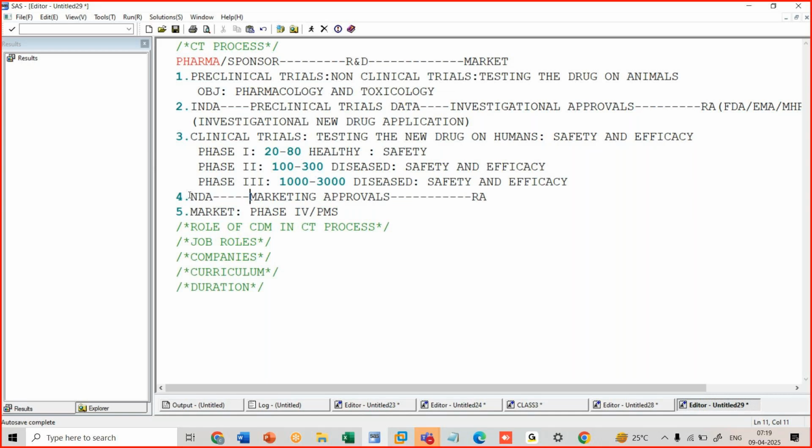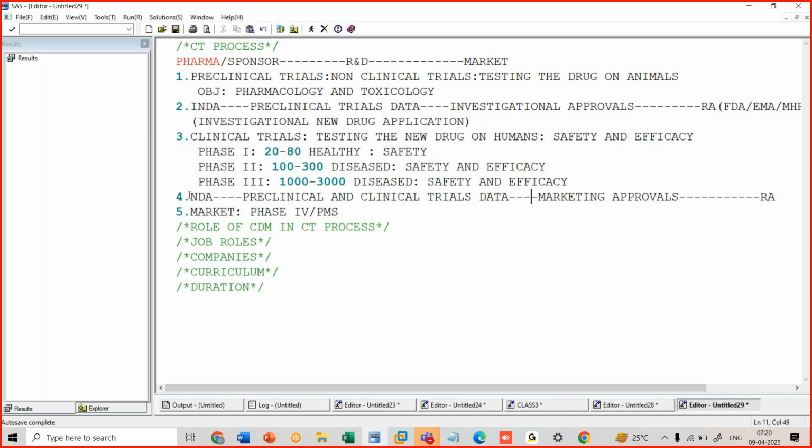So, it is the application by which pharmaceutical companies will get approval from the regulatory authorities by including all the preclinical trials data, all the phase 1 to phase 3 data, all the clinical trials data. With this data, they'll review and they decide.